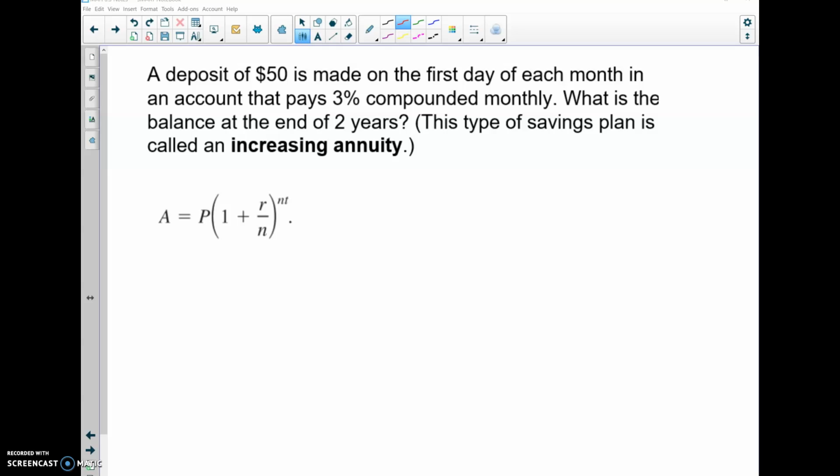All right, last problem here. Take a minute to read this. All right, so you are depositing $50 every single month. So here's our formula here because it's compounded monthly. So that is our interest formula for compounded monthly. So your first $50, when you plug that in, is 24 months for the 2 years to be compounded.